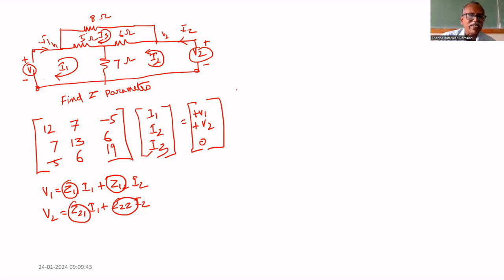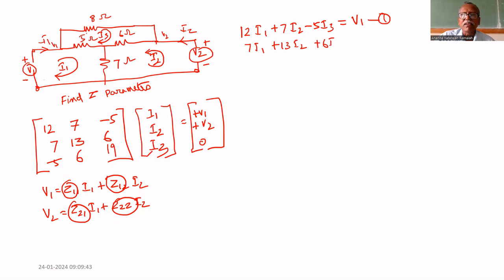Now we will take the first and third equations. Multiply the first equation by 19 and the third equation by 5.